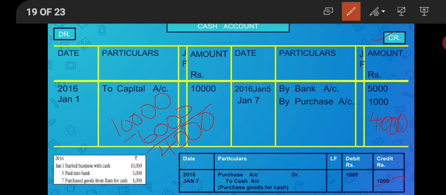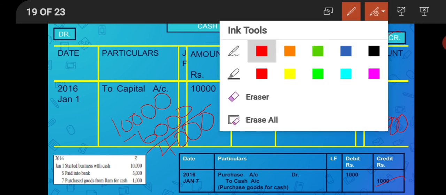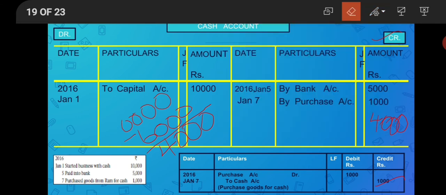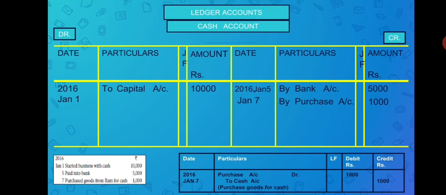Okay. So when you want to balance the account, you have to follow this procedure what I am going to do now. For that purpose I am going to erase this. This is just a rough work for you. So now I am going to do the postings. So whenever you want to post it, the balance will be written on the side which has less total, and it will be written at the end of the month.